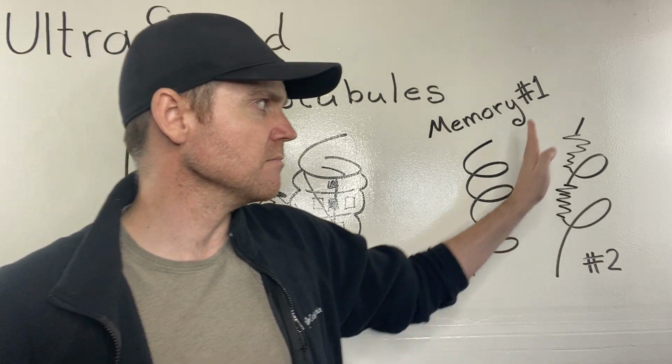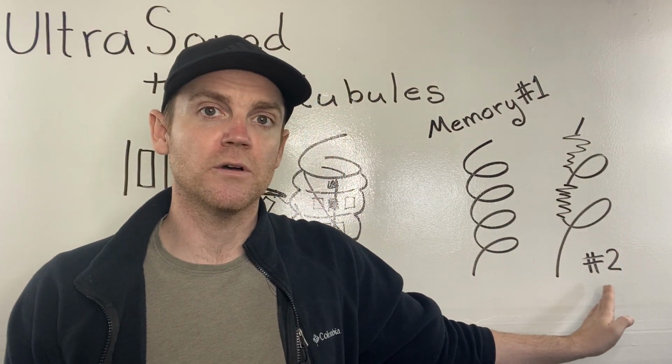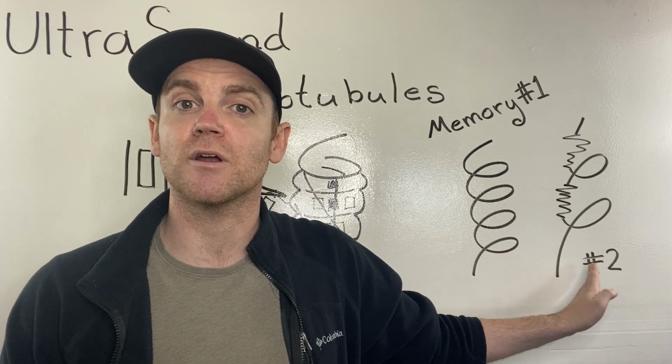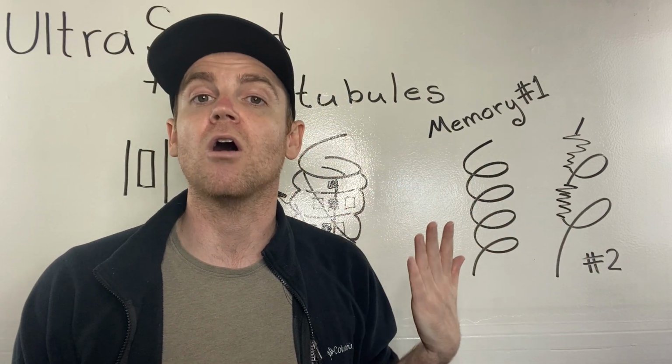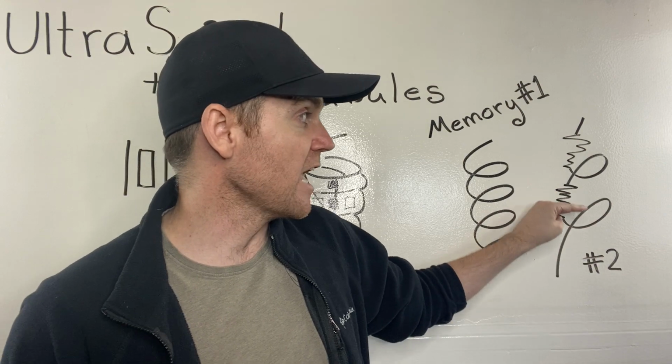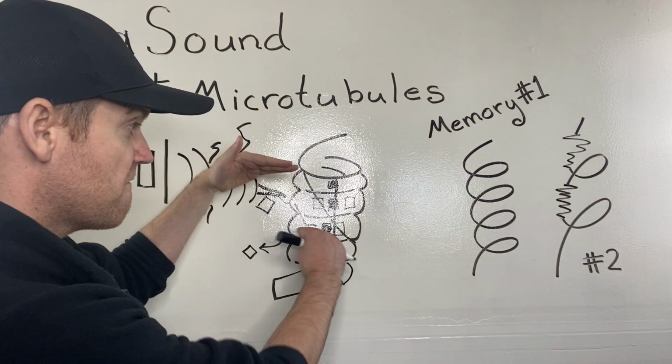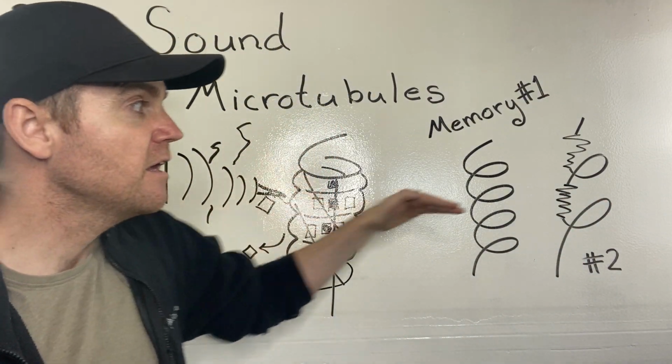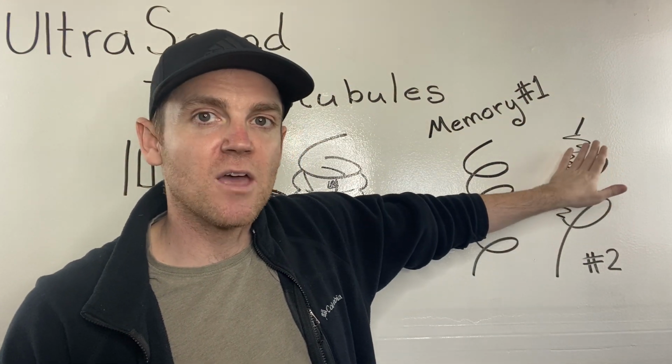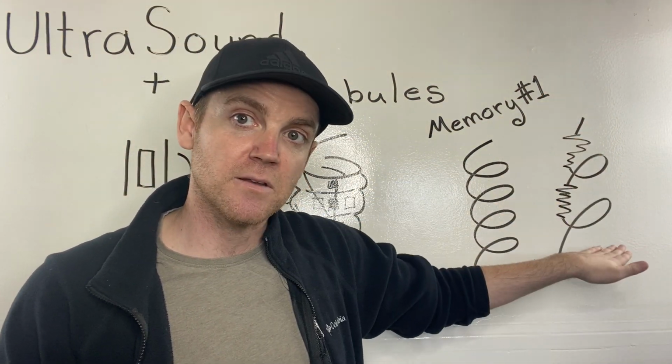However, in position number 2, the microtubules that would need to light up during a memory recall of number 2, if there's damage physically to the microtubule, how can this work? This can't work. This doesn't happen.